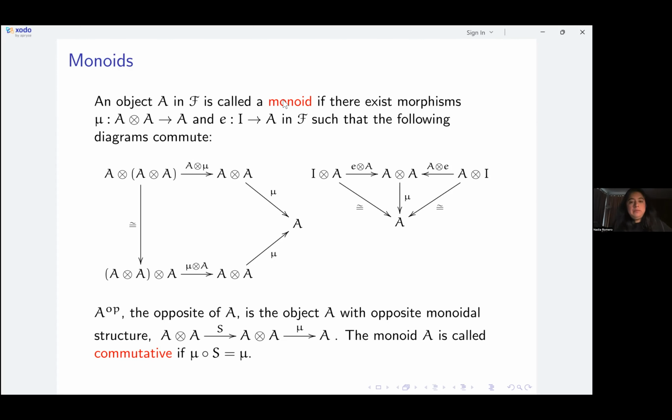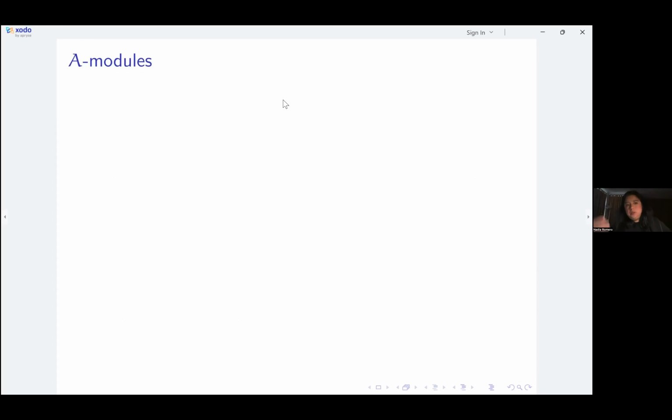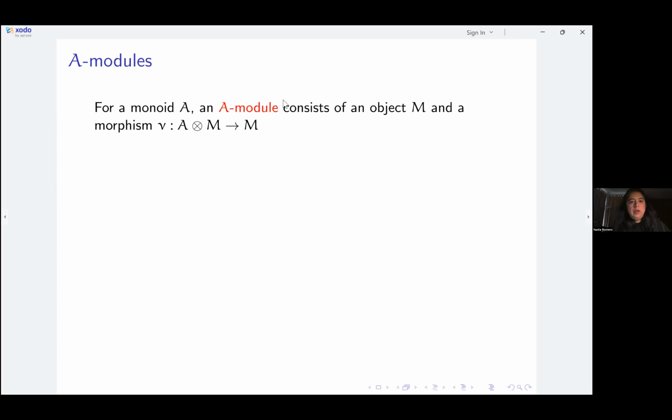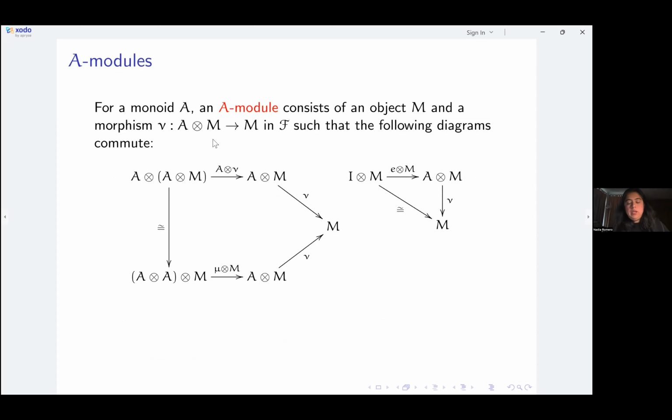One of them: whenever we have rings, we have modules over rings, so we can define modules over monoids. If we have a monoid A, a module is an object M, and we have this morphism from A tensor M to M that we are going to think of as an action of A over M, with the corresponding commutative diagrams.